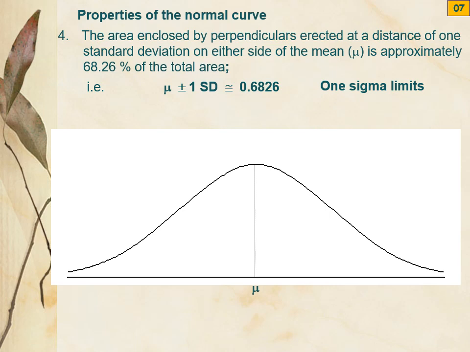On both sides of mu, if you go up to 1 sigma distance and erect perpendiculars, then the area within the two perpendiculars will be 0.6826. Say this is mu plus sigma and this is mu minus sigma, and you erect the perpendicular here, then this area is 68.26%.